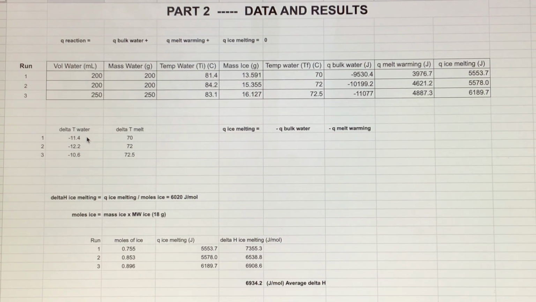So the hot water released heat, while the Q of the melt, so Q melt warming, is a positive value, and therefore the warming of the melt was an endothermic reaction, so it absorbed the heat that has been released by the hot water.